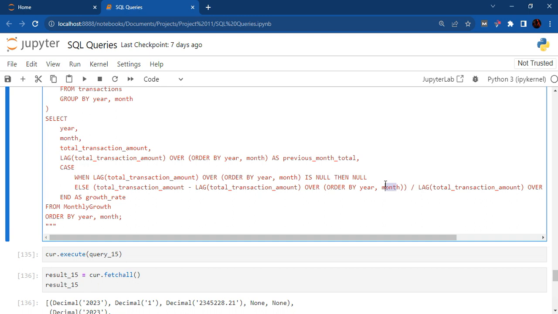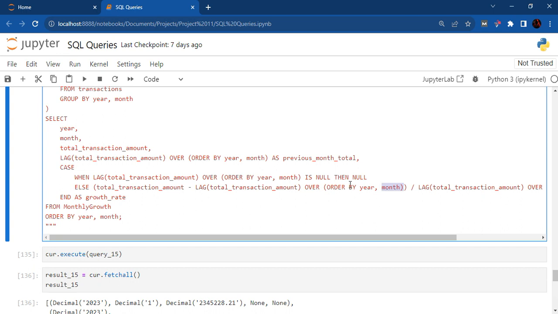You see. So what this is saying in essence is just get me the month and the year previous to today, which is 2nd of February 2024.